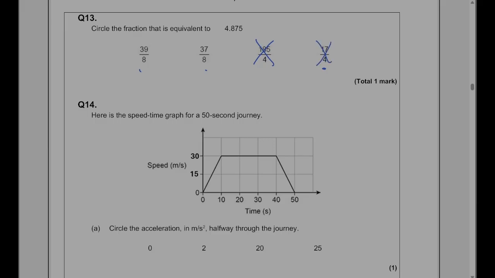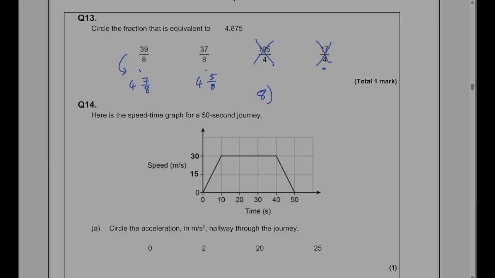So it's going to be one of these two. This one is the equivalent to 4 and 7 over 8, and this one would be the equivalent to 4 and 5 over 8. So 5 over 8 is going to give you a number just over a half, and this is too big, so I'm going to assume it's this one, and then I'm just going to do the division to double check it.